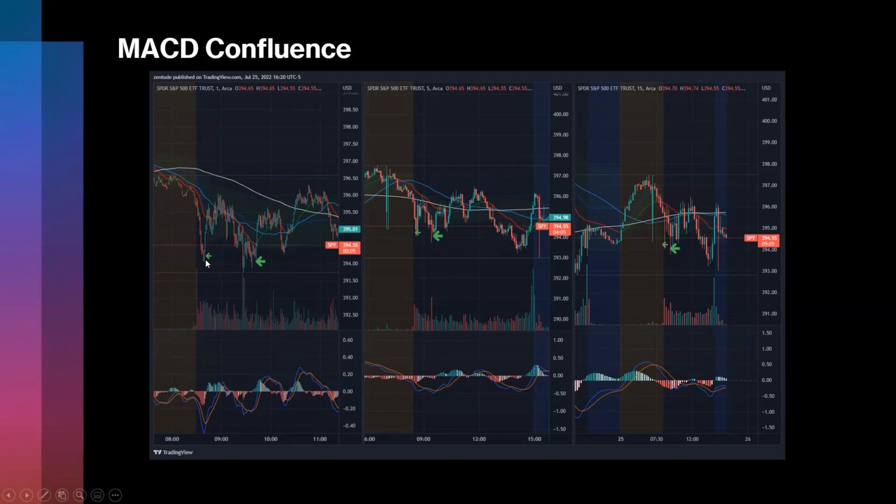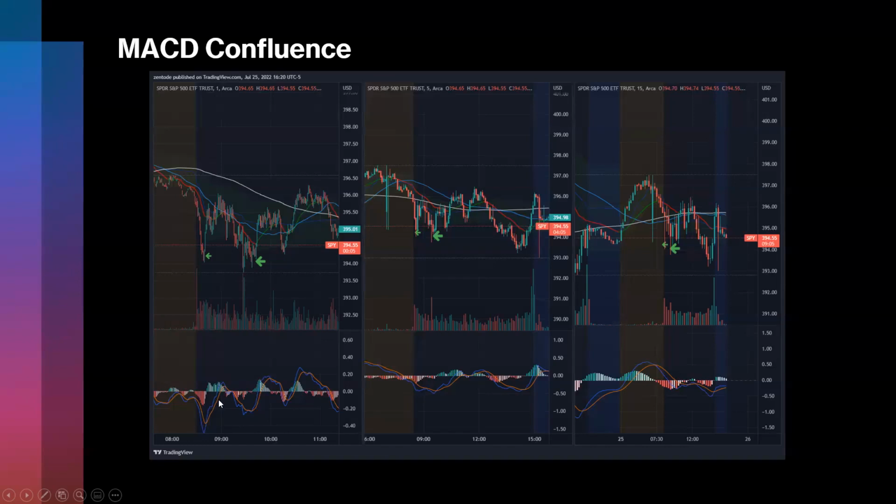Notice when the 1 minute crosses over here, we get a pop, but the 5 minute hasn't crossed yet, right? We're still bearish. We're in a bearish MACD crossover, and we're also bearish under the 0 line, okay? So even though we get this nice little pop, you're not going to get an explosive move like breaking high of day or breaking pre-market high, because we don't have the momentum there.